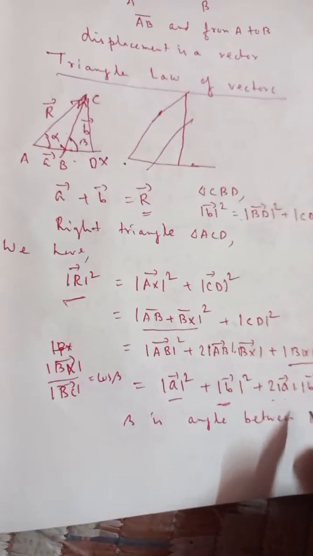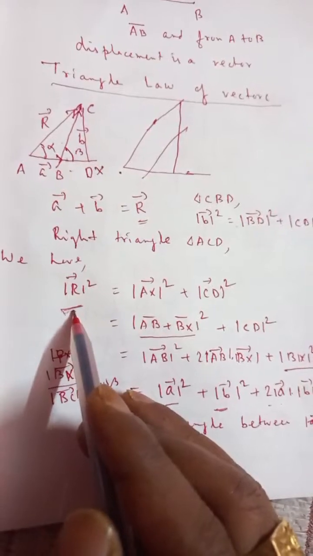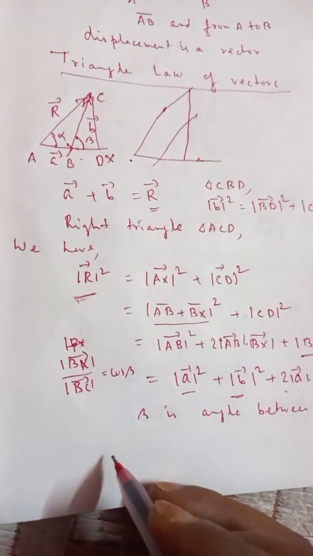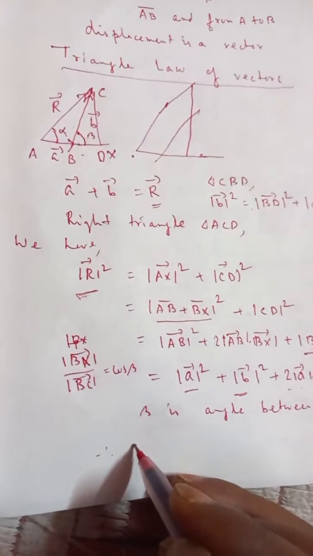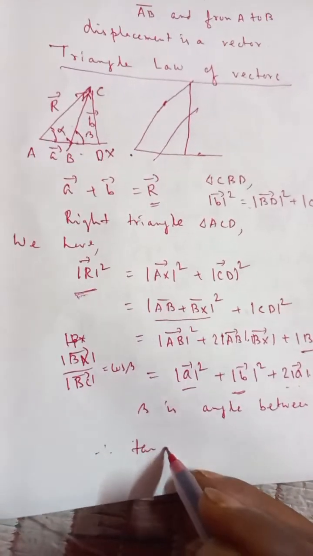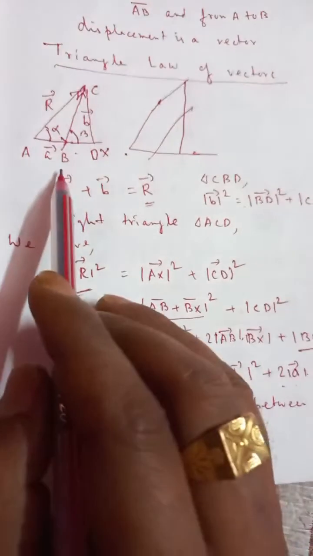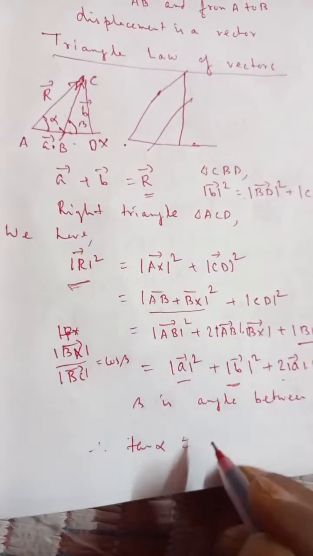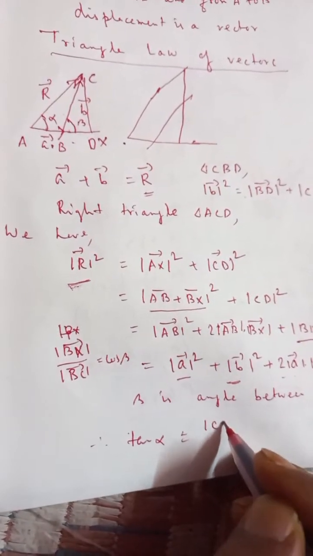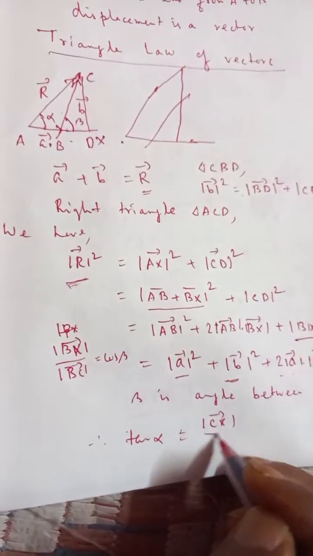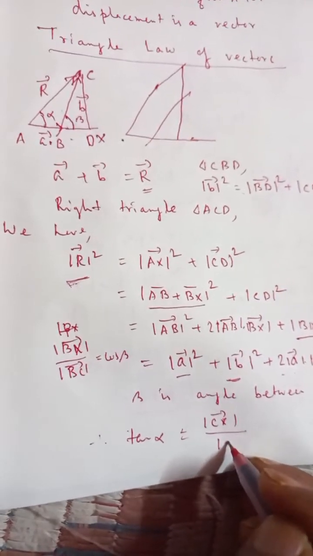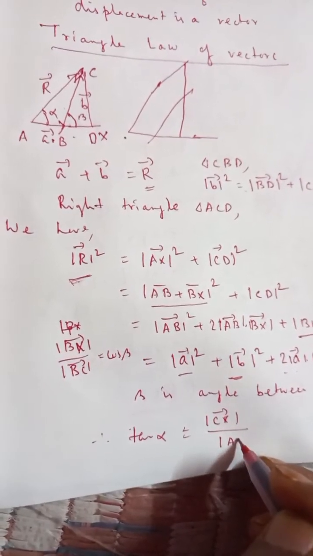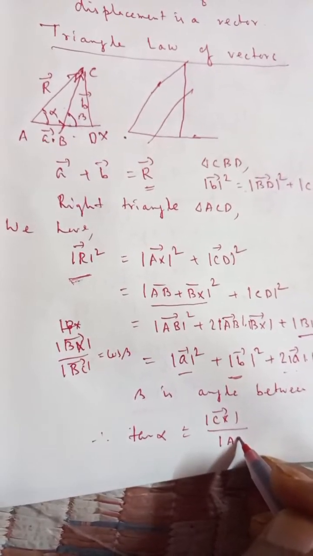Now the magnitude we have found out. The direction we can find out in this way. We will take tan alpha. Alpha is the angle between the first vector or A vector and the resultant vector. So tan alpha will be mod of CD vector by mod of AD vector.